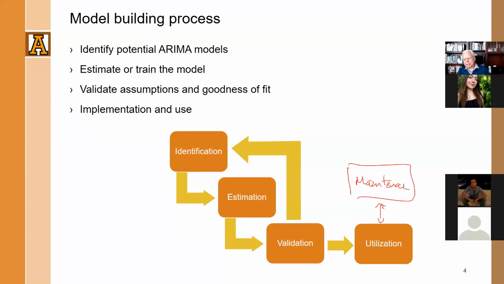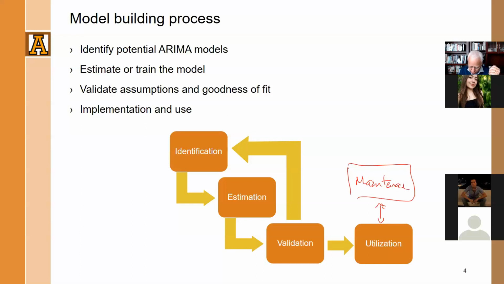Well, once September is over, I have the data from September. So what makes sense is to update the model. I need to go back to the estimation stage with the data that just arrived from September. I still have to validate and then put it in production. So data and models need to be maintained. They are not static.